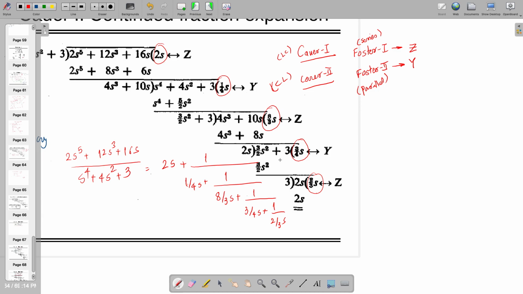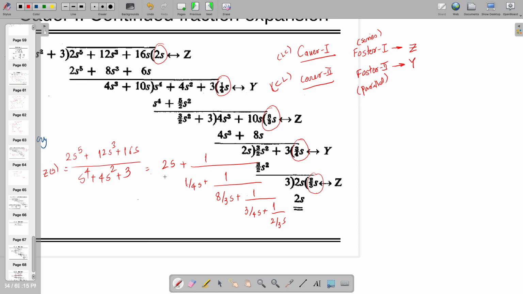Mahima tried that last time, right? So you can draw this. First element, by the way, this is an impedance function.